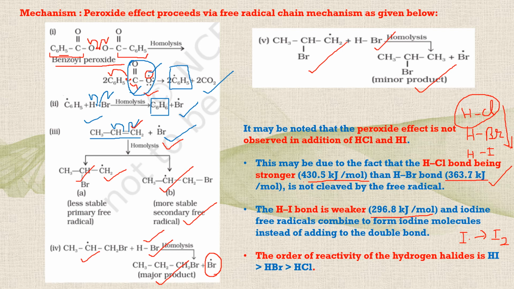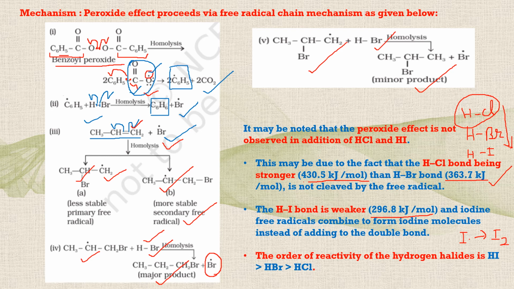But that doesn't happen because I2 forms so quickly that instead of adding to the double bond, it just gets formed and escapes. So that is why HBr has the proper bond strength which can be broken by the free radicals, and this is the reason that you get the peroxide effect only in case of HBr in the presence of peroxide.